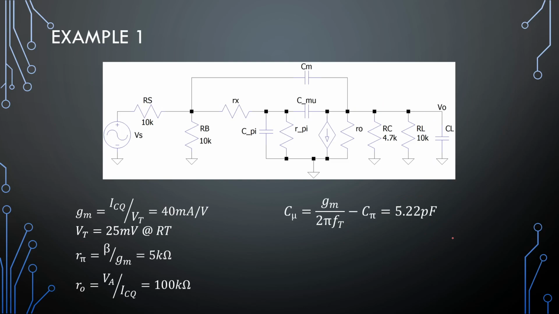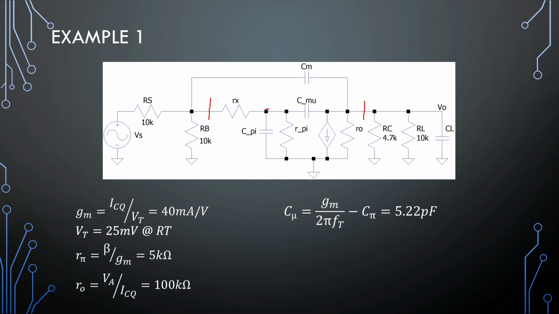So let's start with a small signal model. So this looks fairly straightforward. Here is our BJT high frequency model. And this is where we will place an external Miller capacitor if we need to.